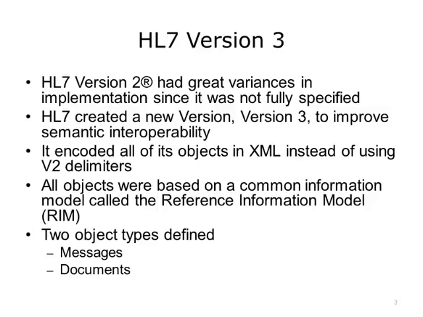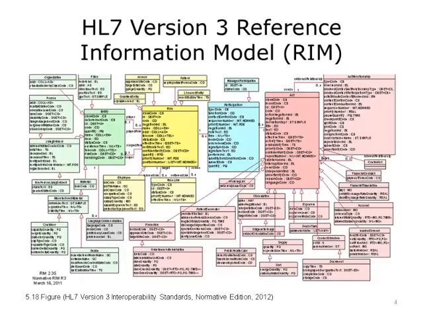The V3 messages were similar in functionality to the V2 messages. V3 documents satisfied an outstanding need for which no standard yet existed: the need to provide a structured format to clinical documents.